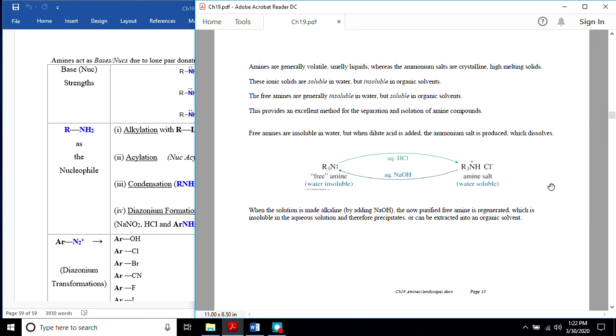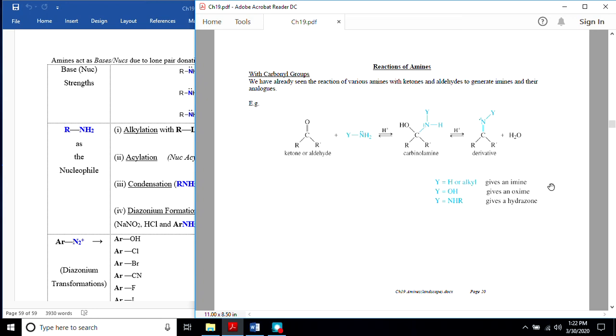So the first reaction of an amine behaving as a nucleophile comes from chapter 18, which was the condensation reactions of amines with aldehydes and ketones. So aldehyde and ketone plus primary amine under acidic conditions gives you an imine. So we're talking about the carbon-nitrogen double bond.